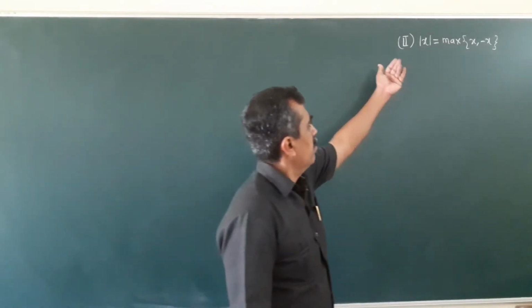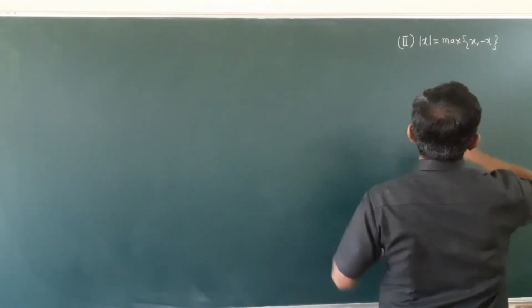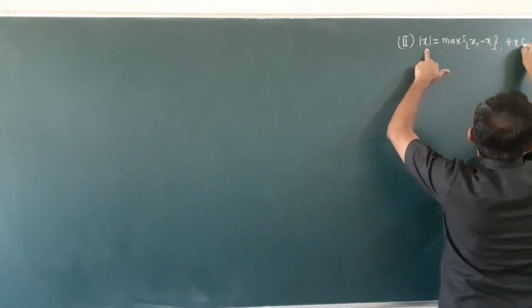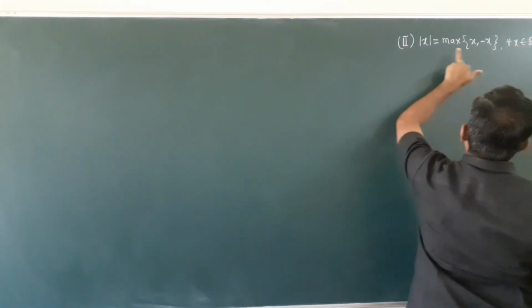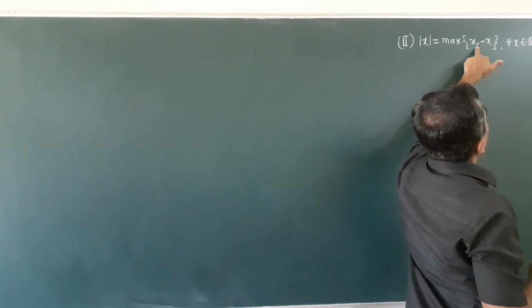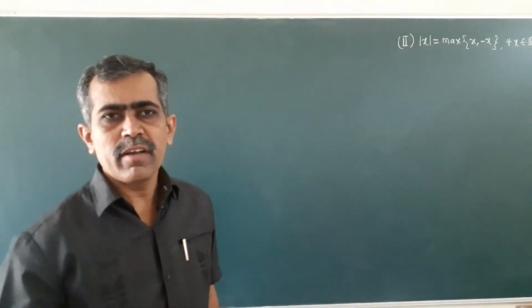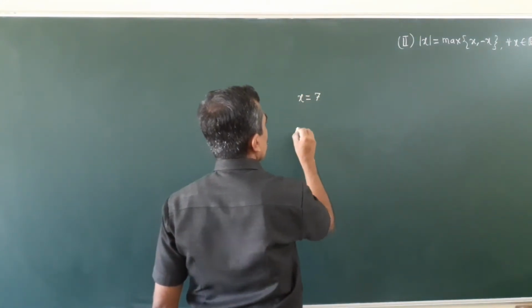Let us see the next property of real numbers with respect to modulus. For any x in R, mod of x is the maximum of x comma minus x. For example, suppose I consider x as 7.